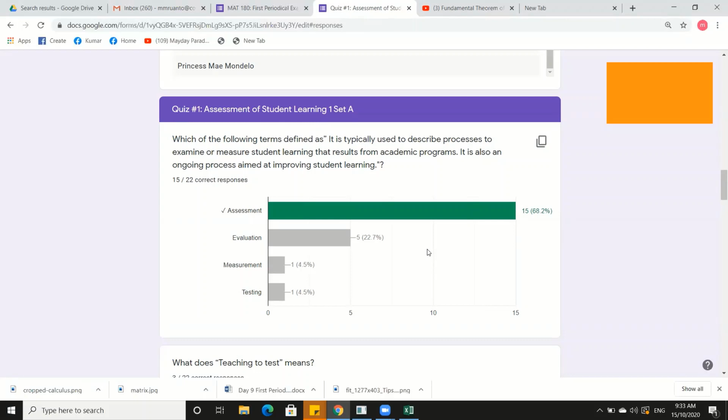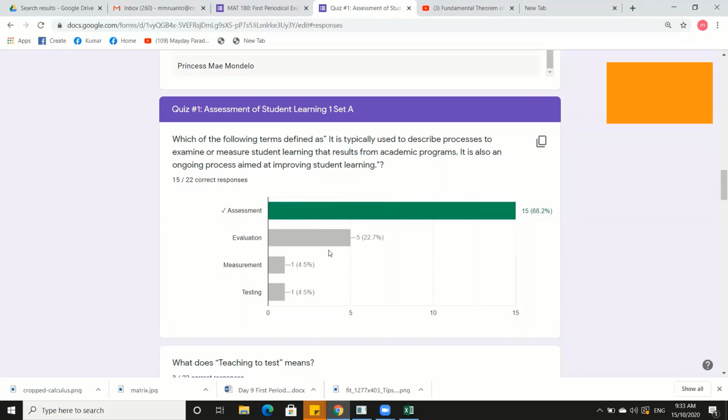Okay, so if you look at the last part, the purpose of this term is aimed at improving student learning. So in this case, this is more of an assessment. Okay, so number one is an assessment.